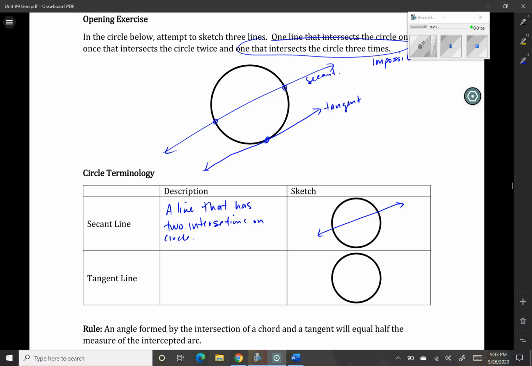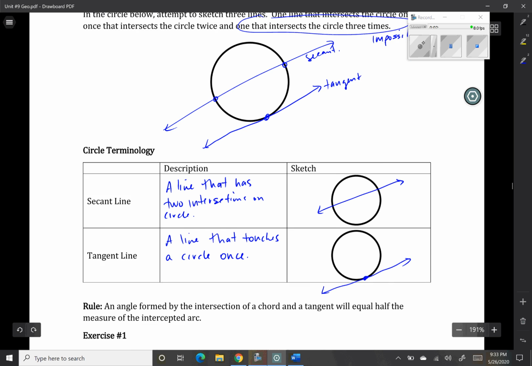A tangent line is a line that we're going to say touches, not the best math word, a circle once. The reason why I'm saying touches is because it kind of just touches the circle here. So we say that line is tangent to the circle.